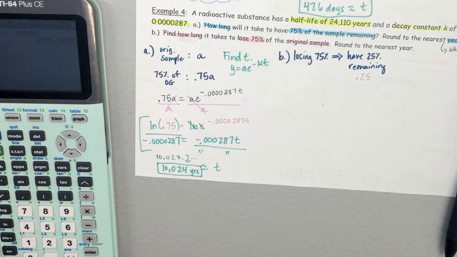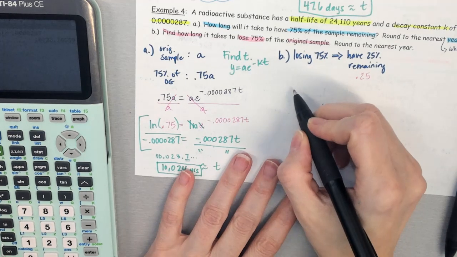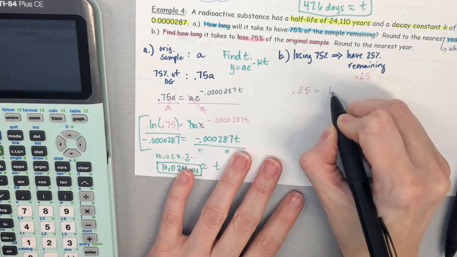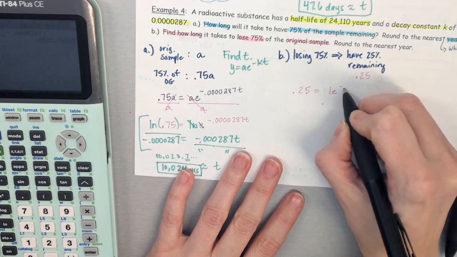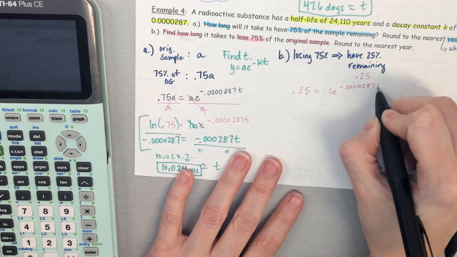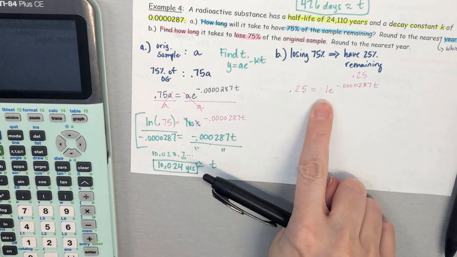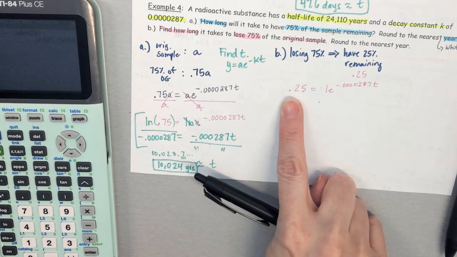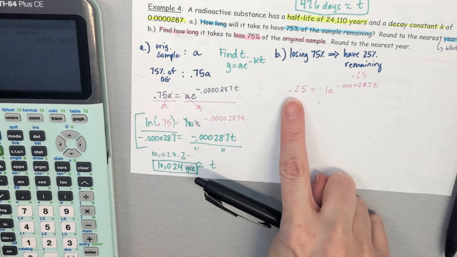So you can think of this as, I only have 1. Okay, so if you think of the original as 1 and you have 0.25, or you can even write it as a 4th, that's fine too.